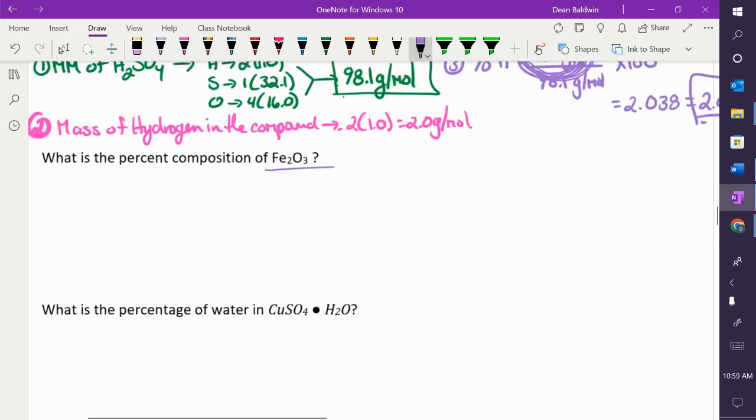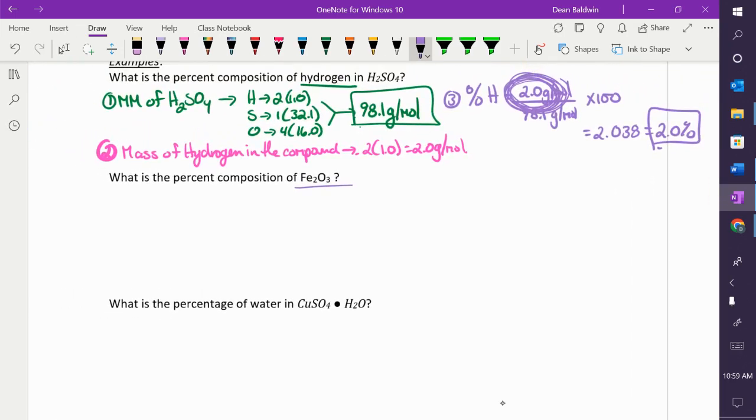What's your first step every single time? Molar mass. Number 1, the molar mass.